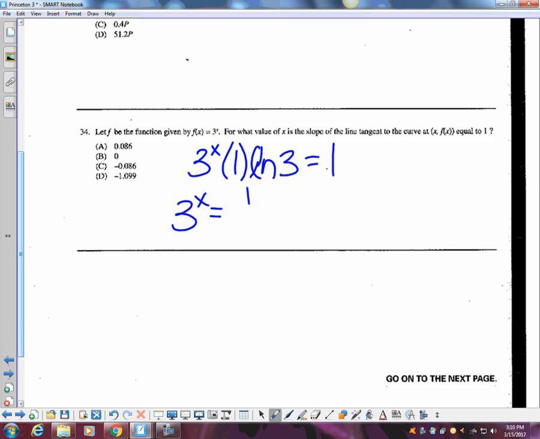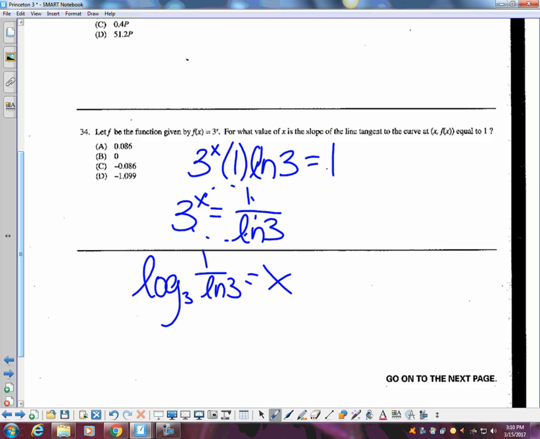So 3 to the x equals 1 over ln of 3. Now what? Log base 3 of 1 over ln of 3 equals, that's your snail.